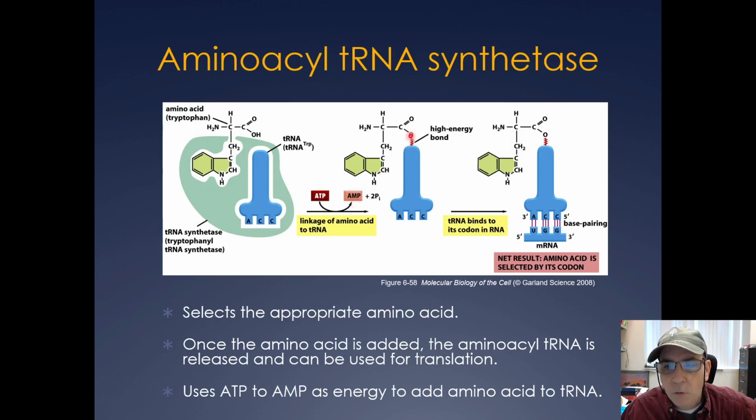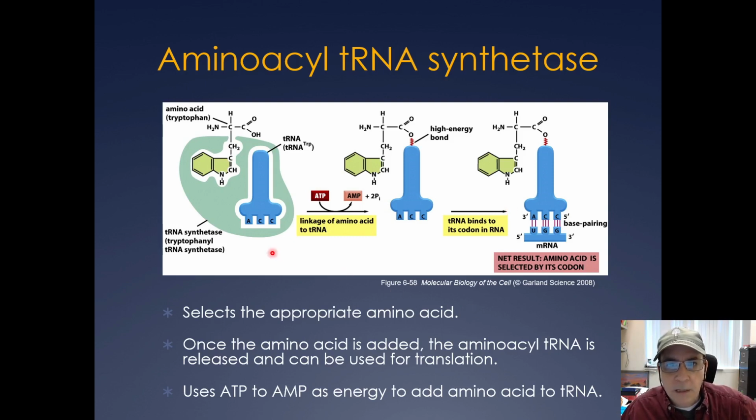Then you have your linkage to the 3' OH group on the tRNA, and that creates a high energy bond. And then once the aminoacyl-tRNA is charged, it can base pair, and then this amino acid can be added to the growing polypeptide by the ribosome.